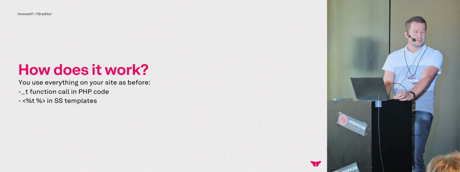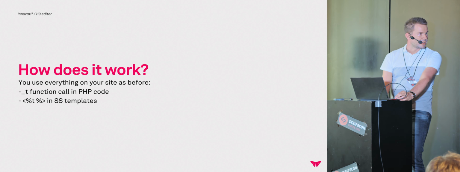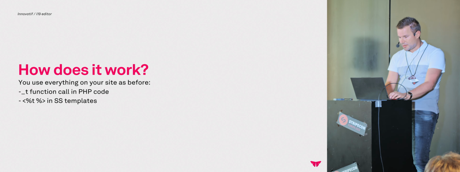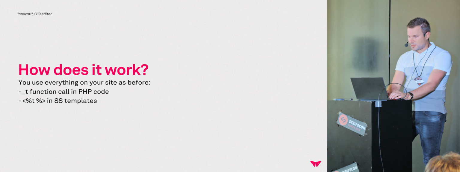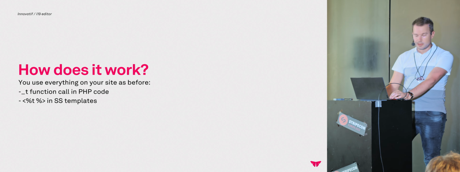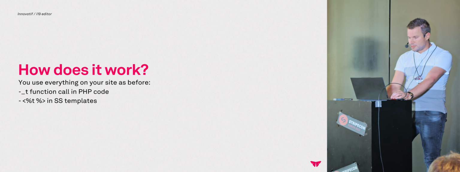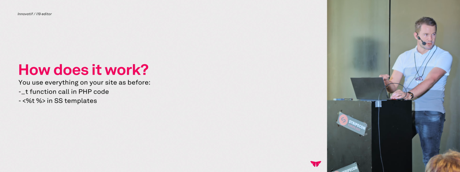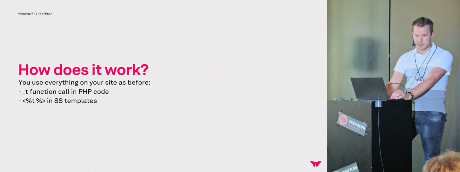You use all the calls you made before, _t or that syntax in Silverstripe templates, nothing special. The module itself injects and replaces the standard message provider class provided by Silverstripe, which is called every time you call that _t function. It simply adds a new source to check, and for fallback it uses the old method of Silverstripe, so YAML is still okay if you use it.